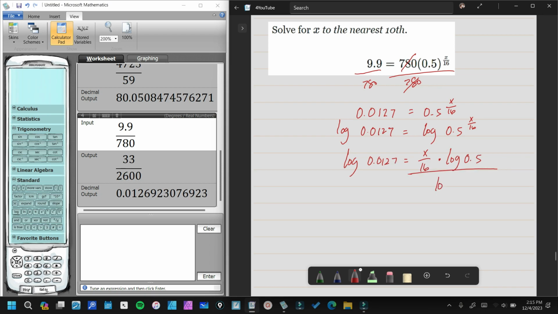Then divided by logarithm 0.5. Right. So this is x over 16. Then let's divide logarithm 0.01227 by logarithm 0.5.